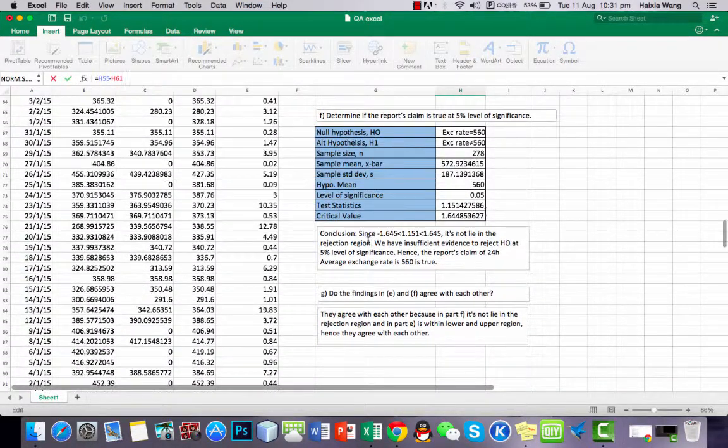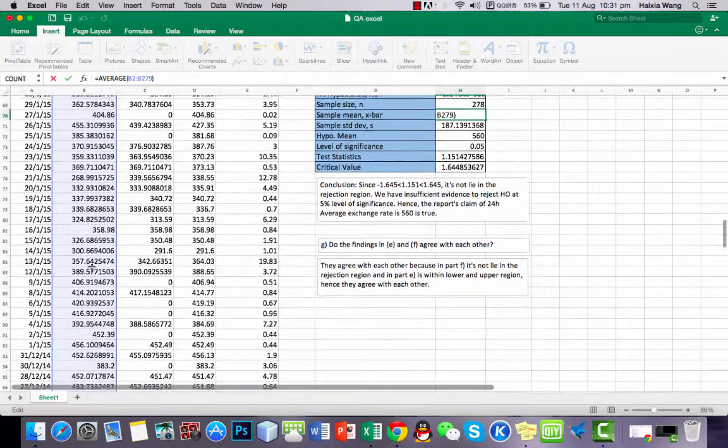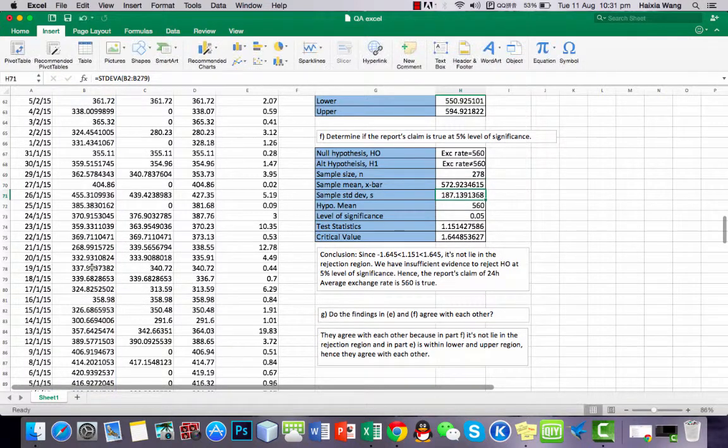For part F, I key in all the variables I need to find first, then I key in the first two boxes because they are given in the question. For the sample size, I again use equal sign count, then I select the whole column, then I press enter. Then for the sample mean, I use the formula equal sign average on the whole column, then I press enter.